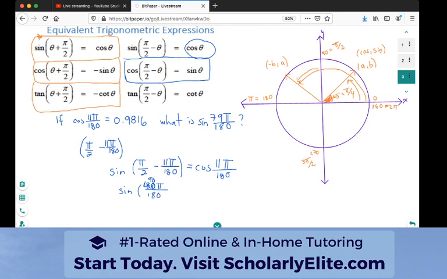Minus 180 over 180, I mean minus this, which is really another way of saying sine of 79 pi over 180 is equal to cos of 11 pi over 180, and we know that that is equal to 0.9816.